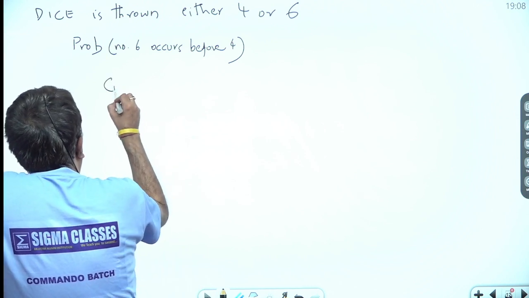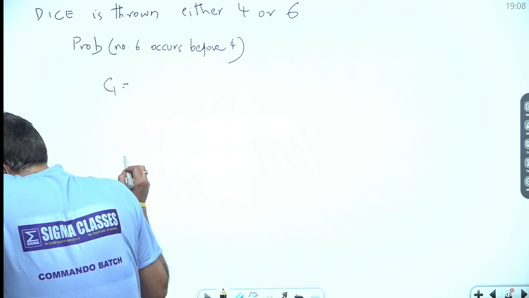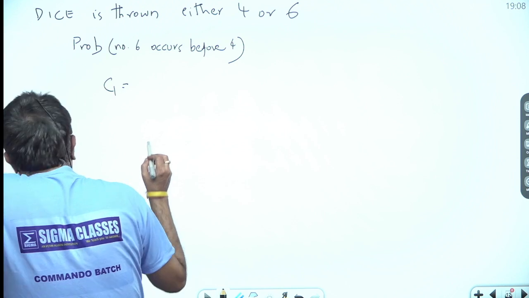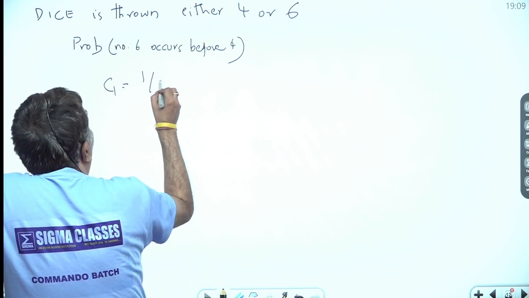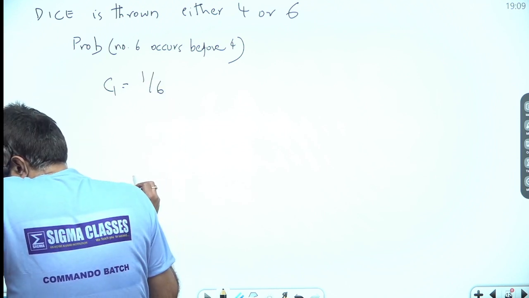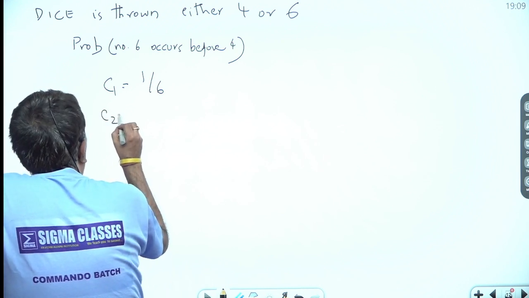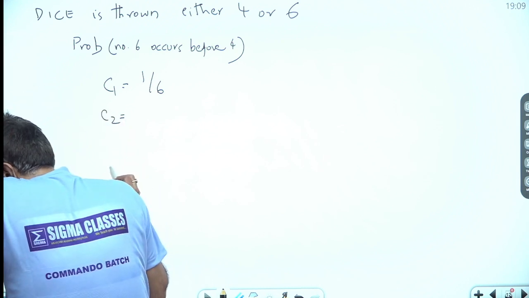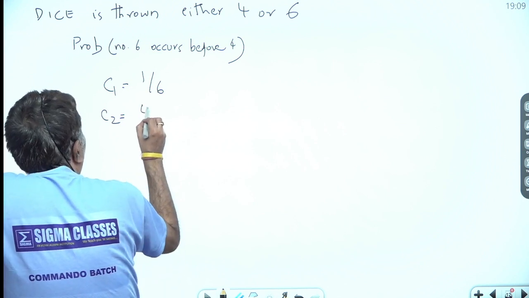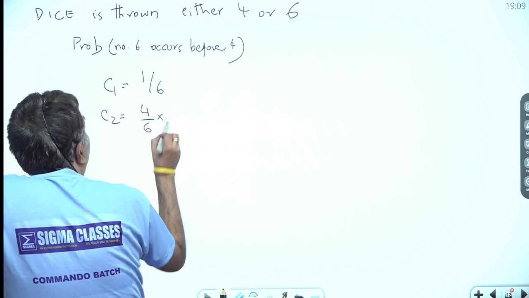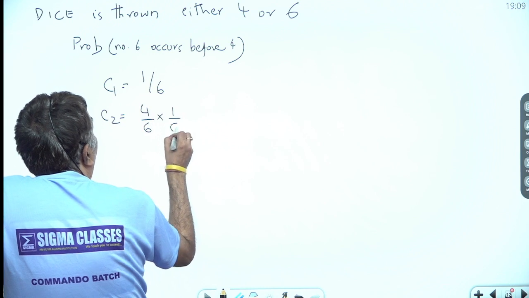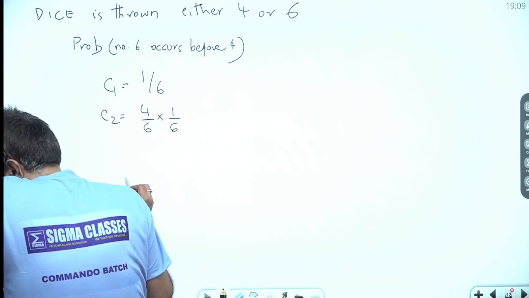Now the case 1 will be 1 by 6. Case 2 will be 4 by 6 into 1 by 6.